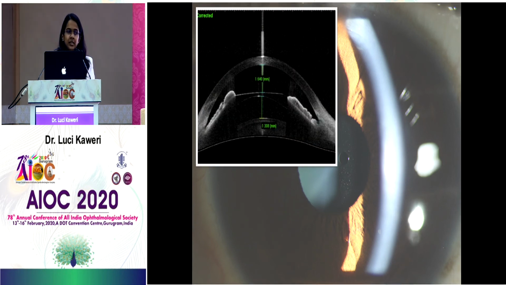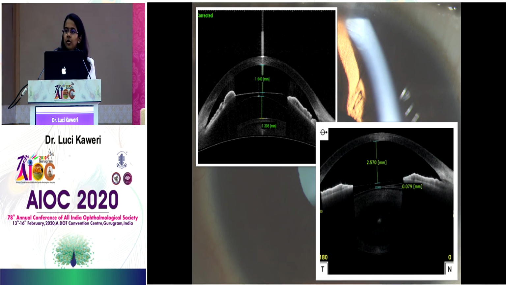In the immediate postoperative period, if the vault is very high with ACD less, then it is one of the indicators to exchange the ICL, go back and see where your calculation went wrong, whether there was any sizing issue, and if it is due to a sizing issue, then doing an early ICL exchange is the key.